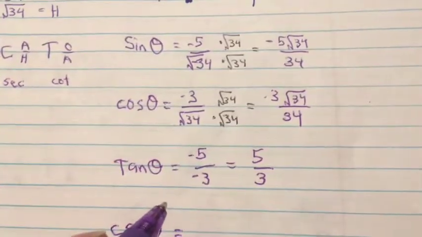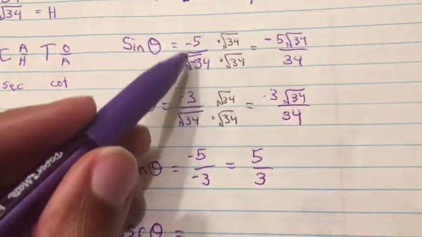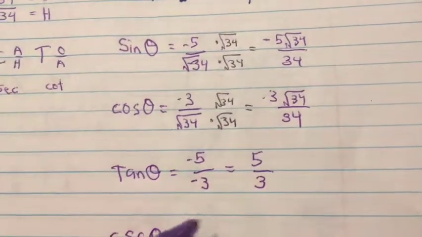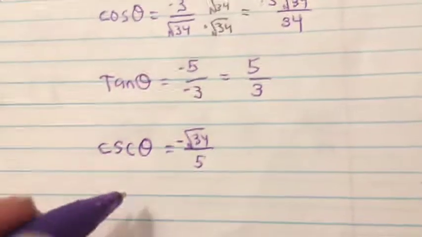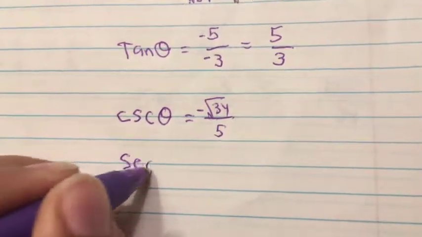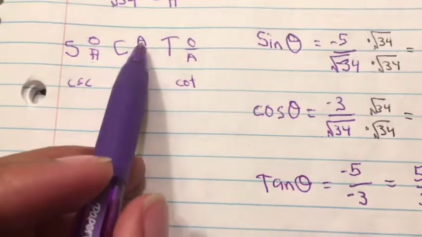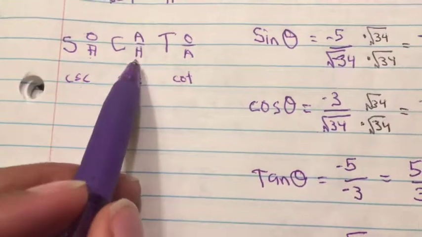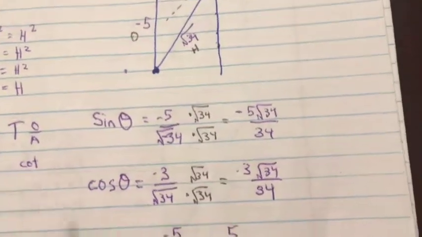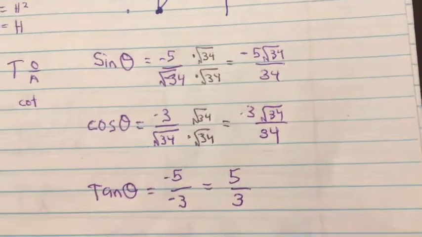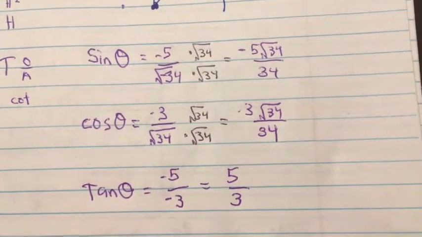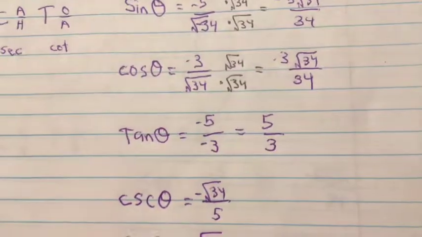So flipping that, and actually I can just look right here where I have it written down and just flip it down here. I've got, then for my secant is A, instead of A over H, it's H over A. So H over A gives us square root of 34 over -3.